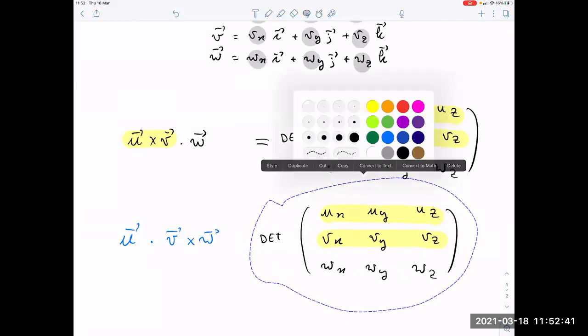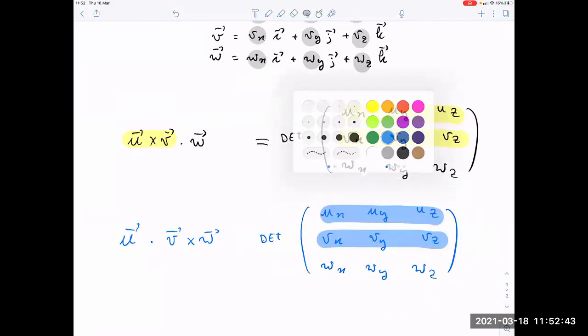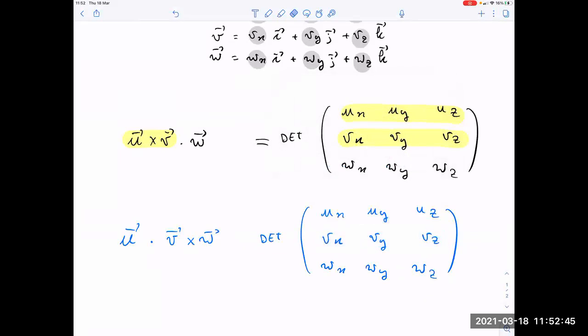So let's make it like this. Then remove these, remove that. This is equal, and you can see it immediately by using the definition, right? Because when you compute the cross product, you use this 2 by 2 determinant times this number minus this number times the 2 by 2 determinant plus this number times the 2 by 2 determinant.